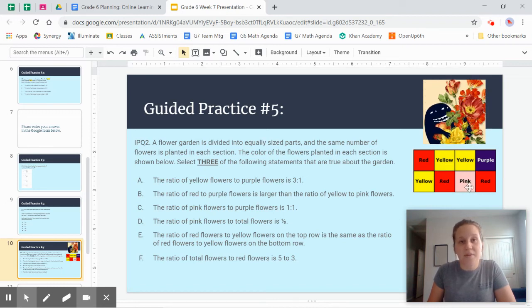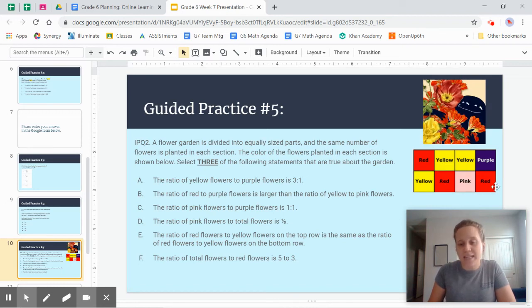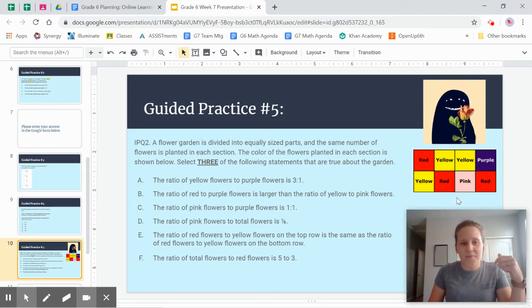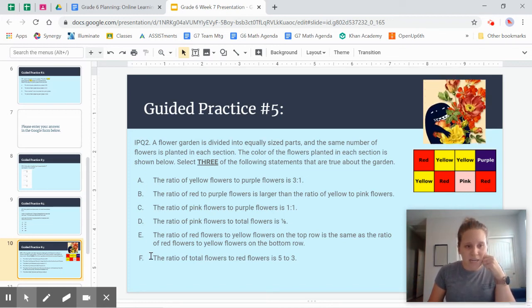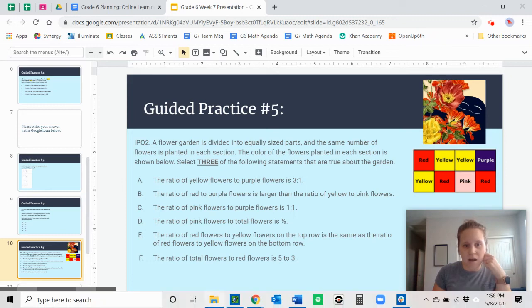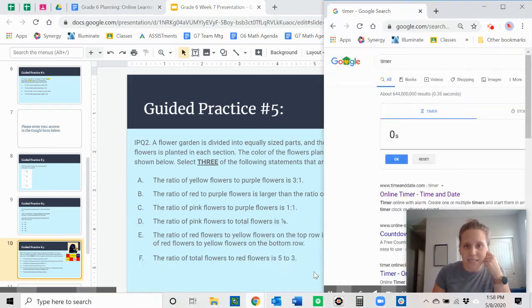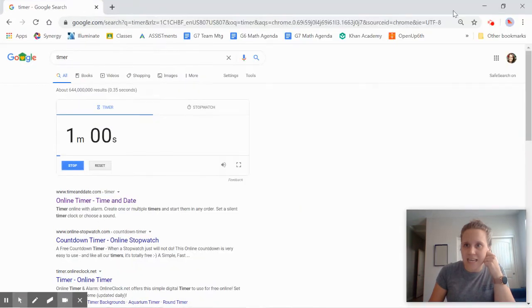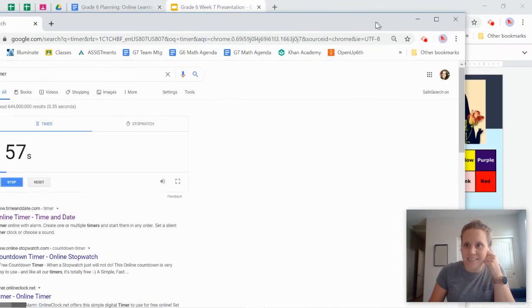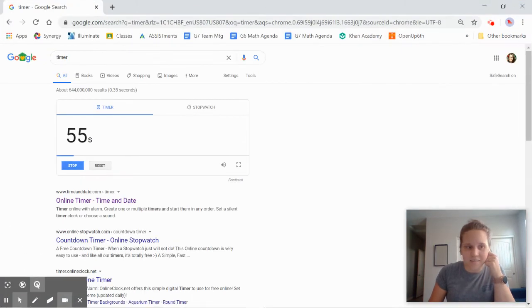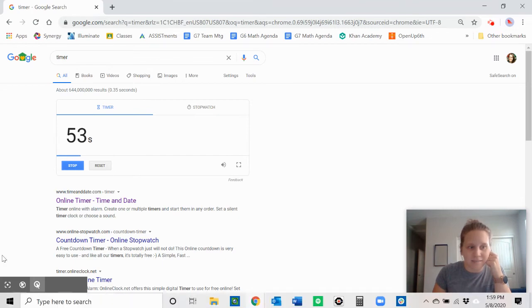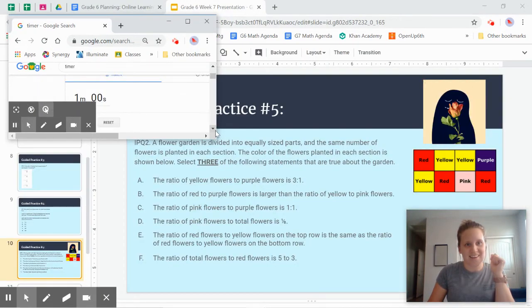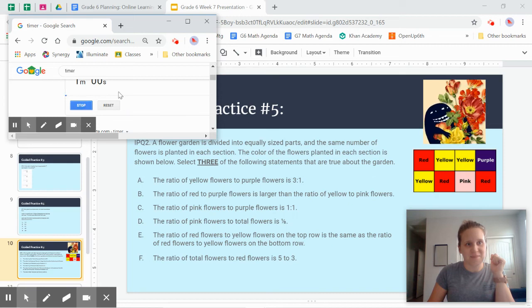I have pink flowers in this section, red in this section, and so on. Let's go ahead and look. I'm going to give you a minute actually to try this one on your own. I'll see if I can get my timer going in the background without taking up too much of your space. Hold on. All right, I think I've got it. Here's our 1-minute timer.